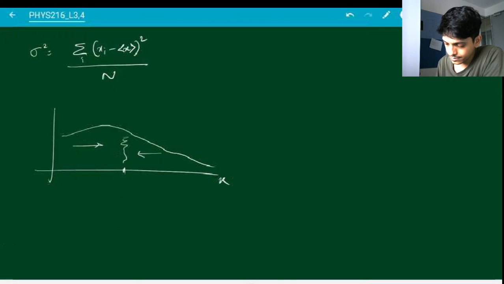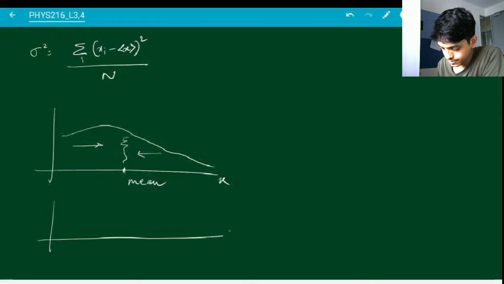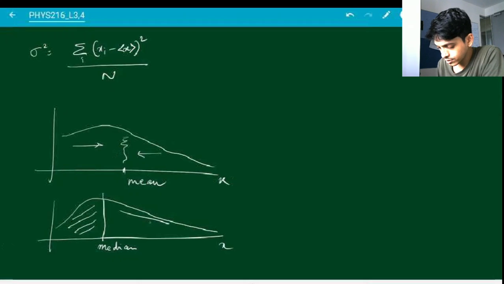On the other hand, you can look at something called the median. Median will tell you the midpoint, in terms of there being an equal number of points on the left and on the right of it. So that is the median.